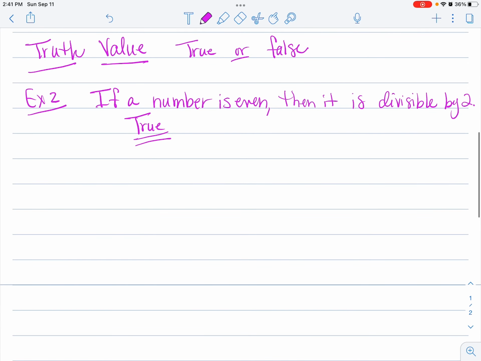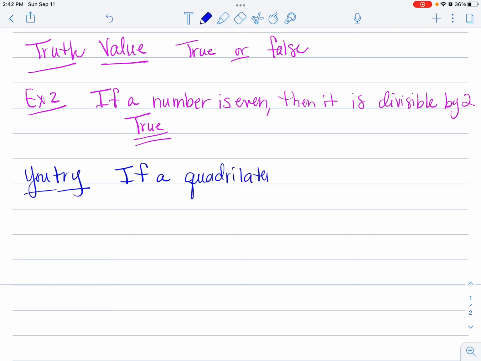So I want you to try this one. I guess this one is assuming some previous math knowledge. So let's see how we do. If a quadrilateral has a right angle, then it is a rectangle.